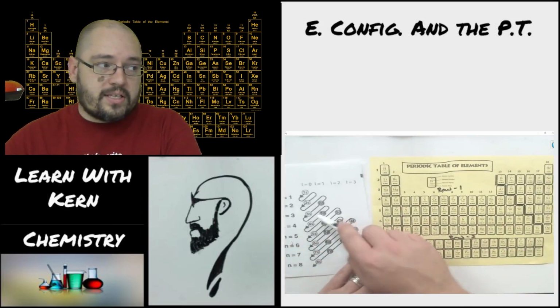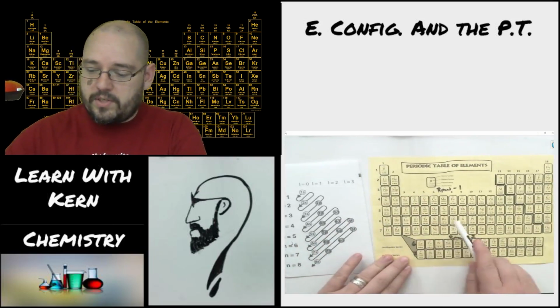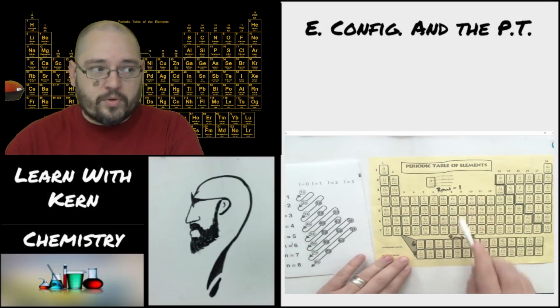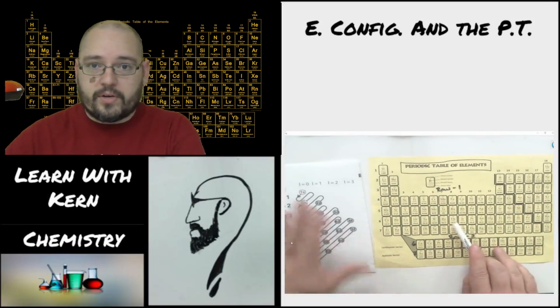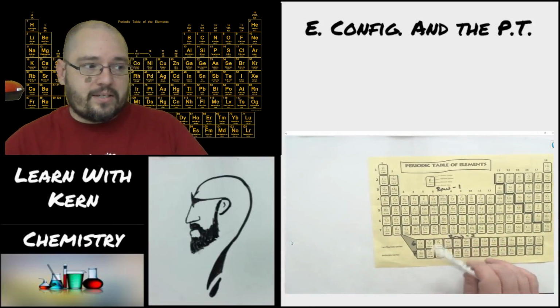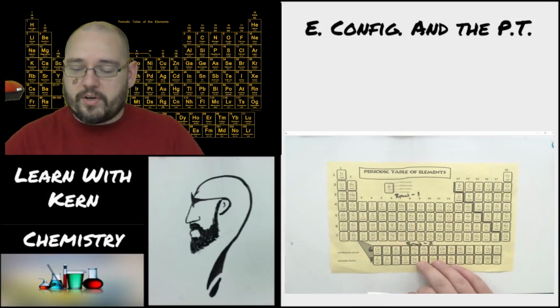And so you'll notice that the Aufbau diagram follows the periodic table. So if you remember the row minus 1 and the row minus 2, and you just go in the order on the periodic table, you don't actually need this. All right, you can just use the periodic table.